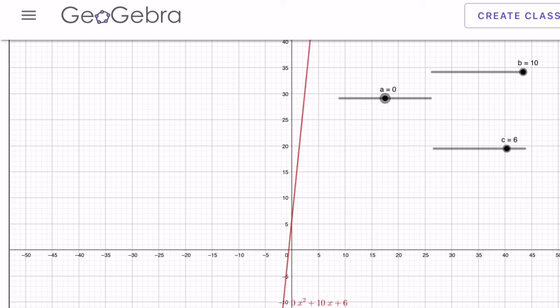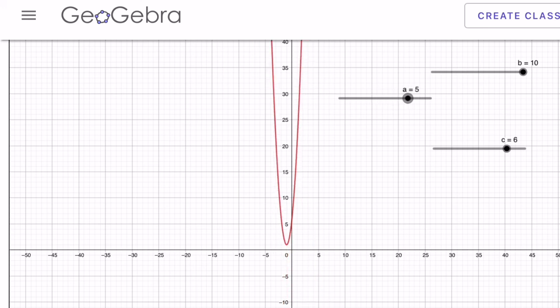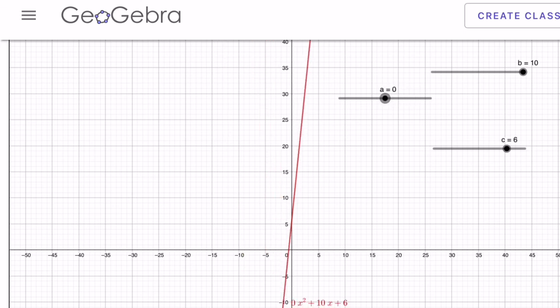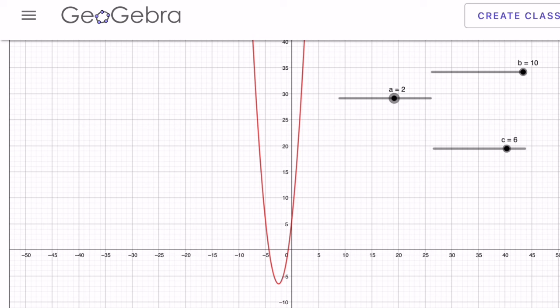How about for the U shape? For the U shape, it also follows the same thing. If I change the value of C, the graph will move. If I move to 8, the graph will cut the y-axis at 8.